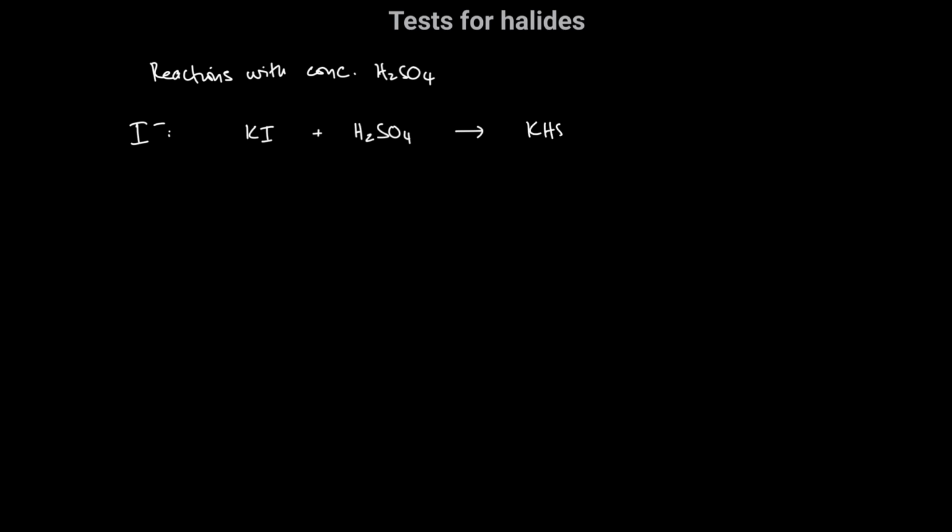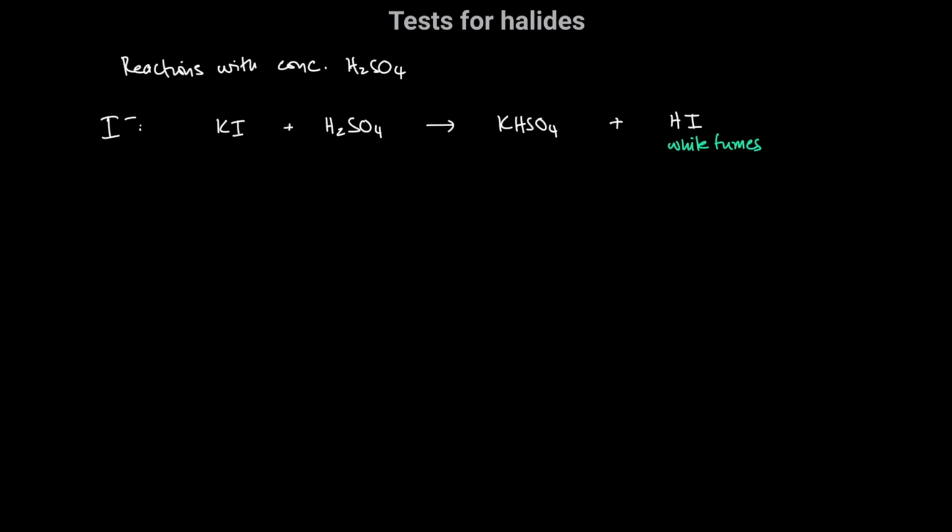So we get potassium hydrogen sulfate, KHSO4, and we get HI. And again, we're going to observe white fumes. But now we also know that iodide is an even stronger reducing agent than bromide. So again, we're going to have redox reactions with sulfuric acid. Iodide will be able to reduce sulfuric acid. So multiple redox reactions take place in this process.